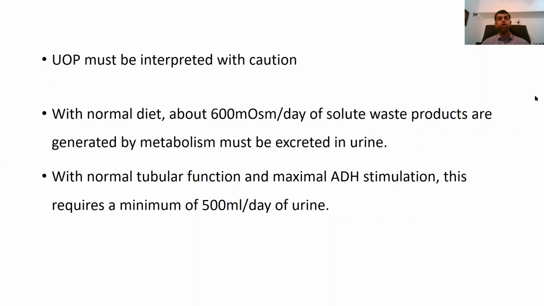So if you have normal kidney function, normal tubular function, and if you assume that you are getting maximal ADH stimulation in a day, the person would generally require a minimum of around 500 milliliters per day of urine production to excrete this osmotic load.